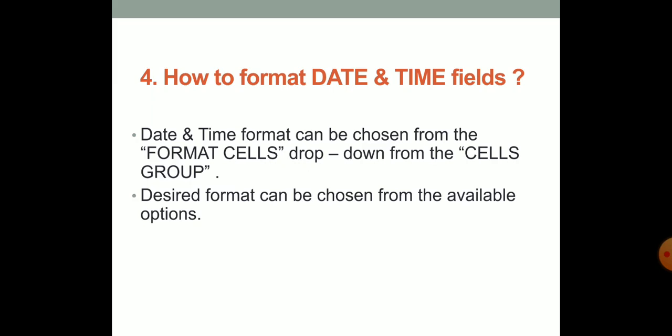All those formats are available in the drop down. So you can select the desired format. So how are we going to format the date and time? We are going to select the date and time format from the format cells drop down and you can choose the available format from there.